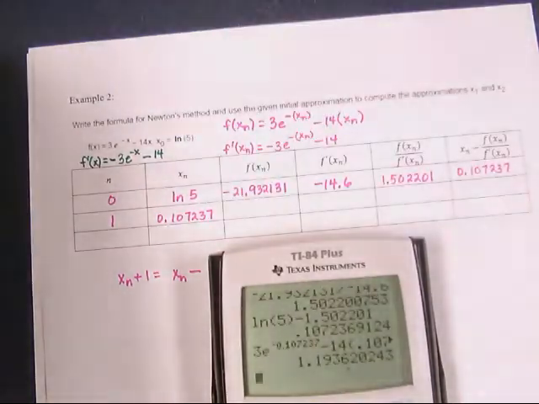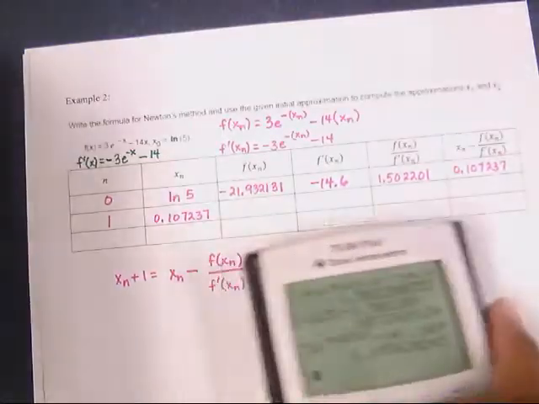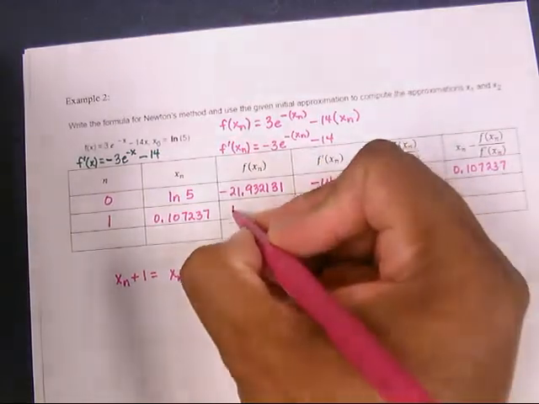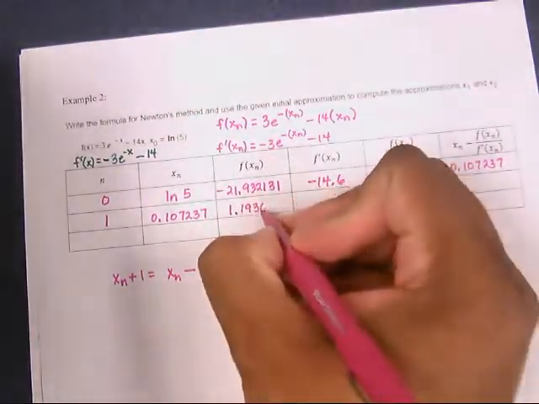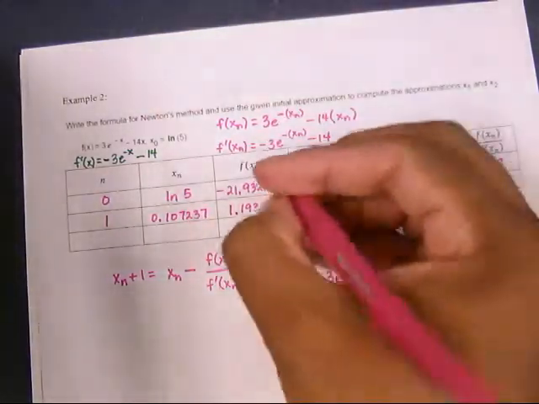And that's going to be my decimal value to 6 decimal places. This will be 1.193620.